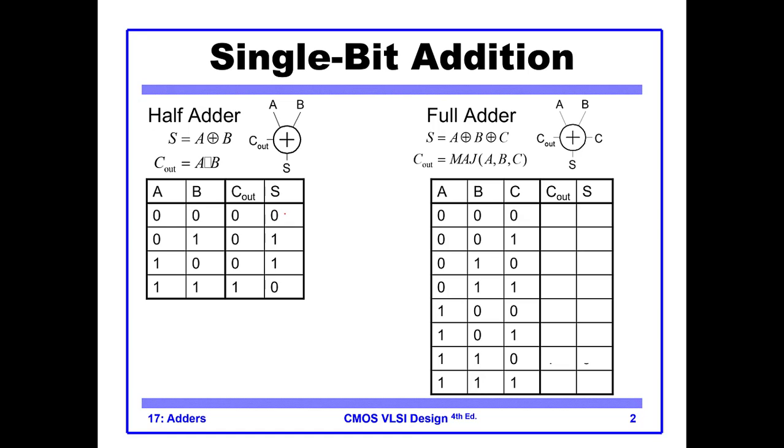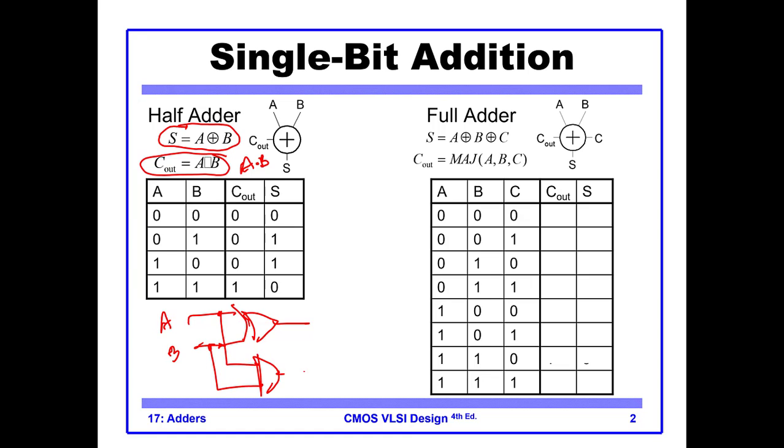And you know the equations for a half adder are that sum is A XOR B and C out is A AND B. So this is a very simple circuit. If we have A and B, we put an XOR, and the same A and B goes to the AND gate, and we get a C out. So this is a half adder.